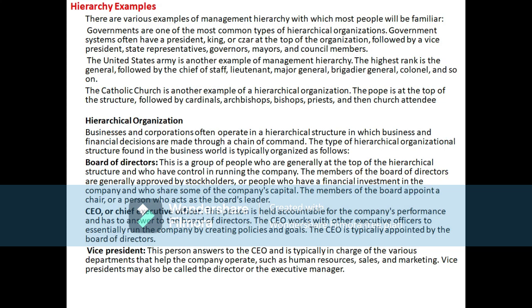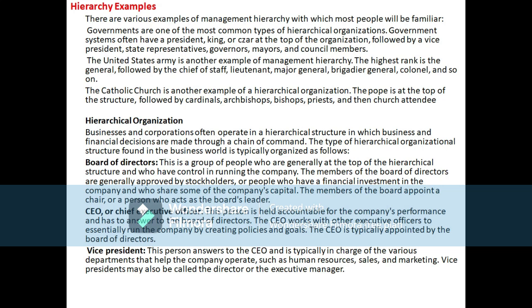After the Pope, we see the cardinals, then archbishops, then bishops, then priests, and then church attendees. So this is a religious organizational structure hierarchy. These are some of the hierarchical examples.